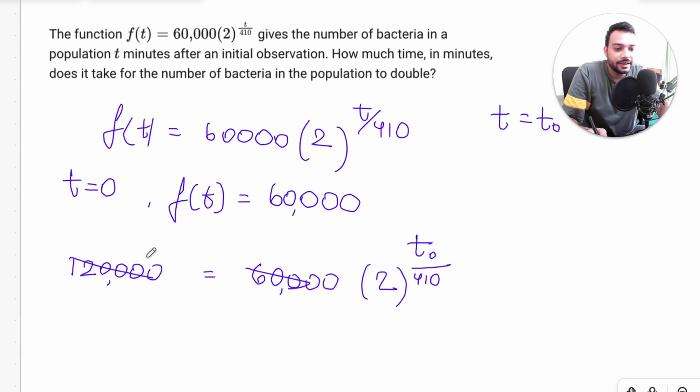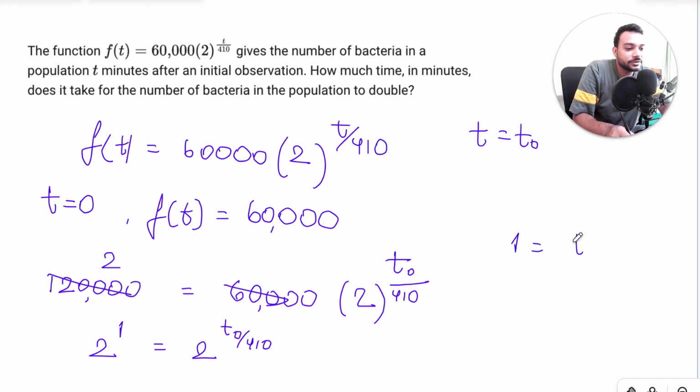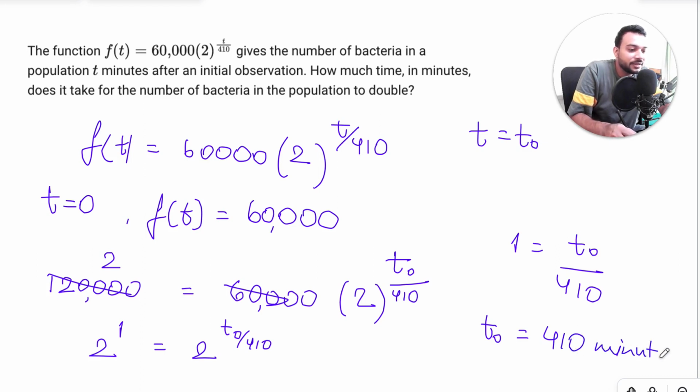And this becomes a 2. 2 raised power 1 is equal to 2 raised power t naught over 410. Compare on both sides. This is just a simple exponent equation. The bases are same, powers must also be equal. 1 is equal to t naught over 410. So t naught is equal to 410 minutes.